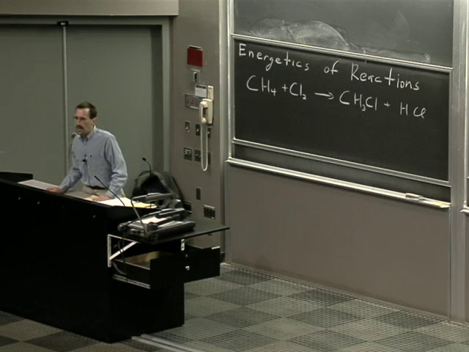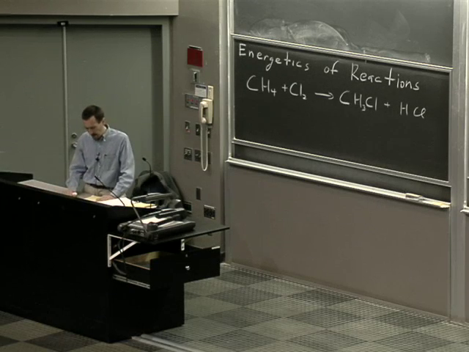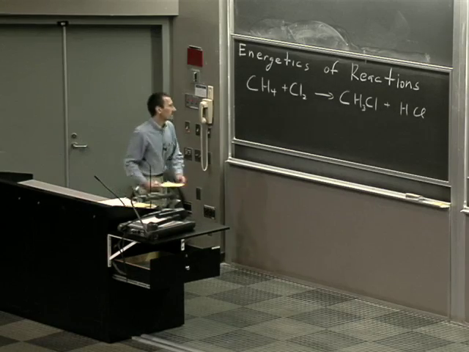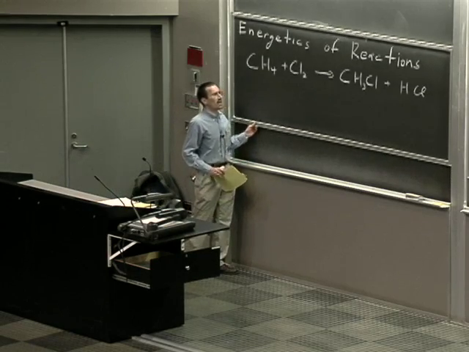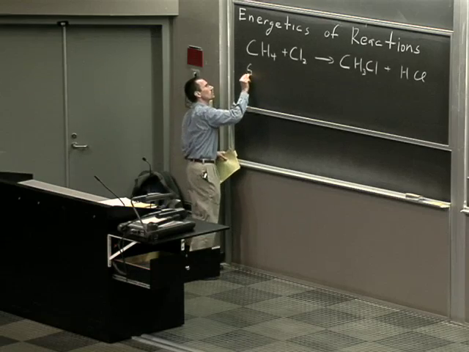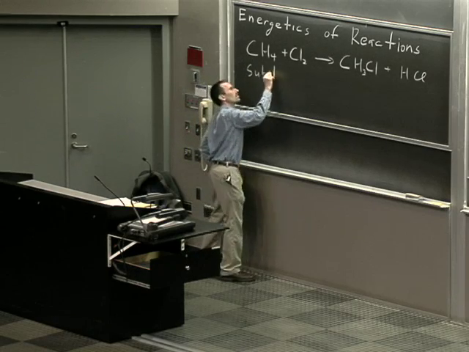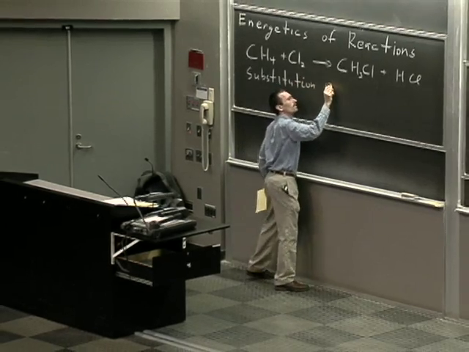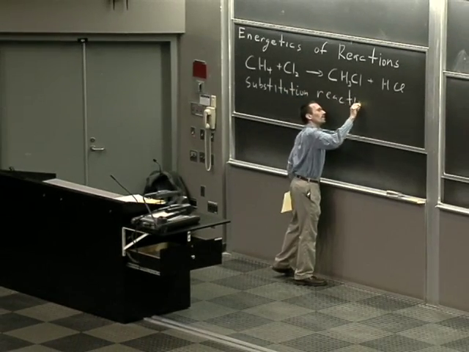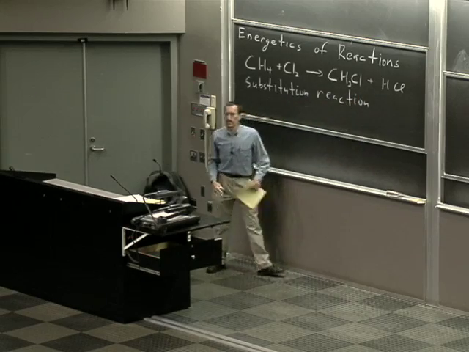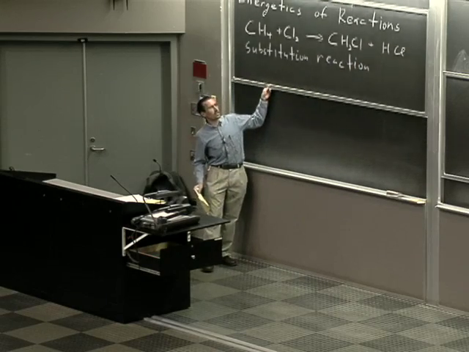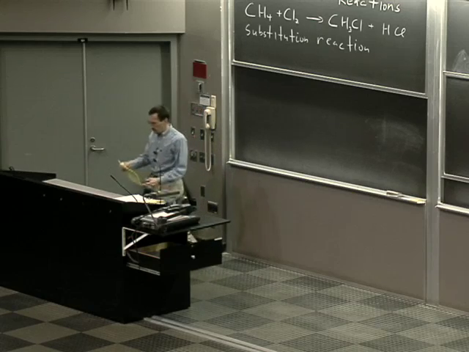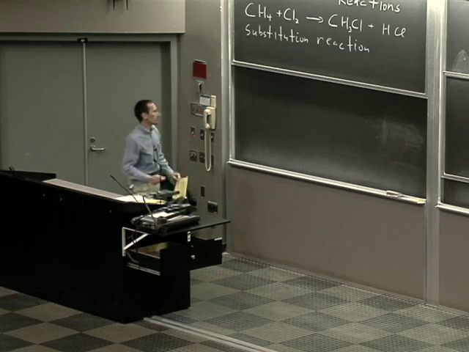Now, we talked about the broad classes of reactions before, and this falls into the class of a substitution reaction. Remember, in a substitution reaction, you break a bond and you replace it with something else.